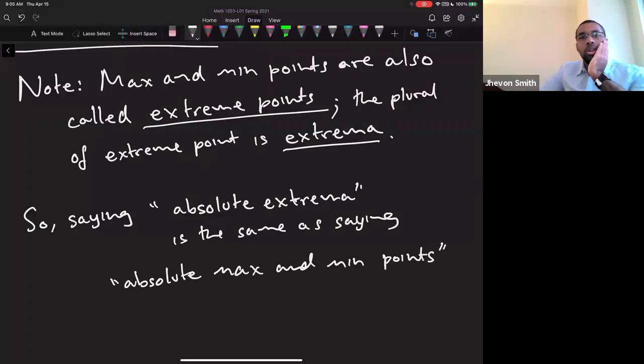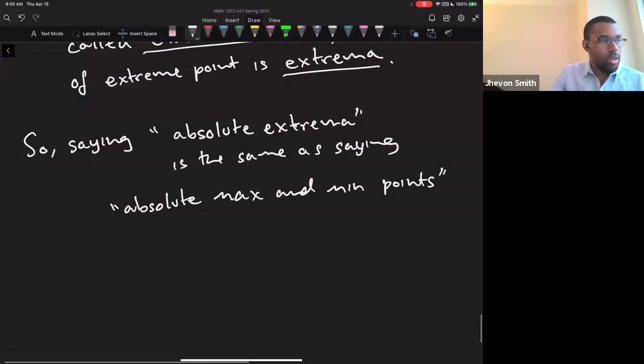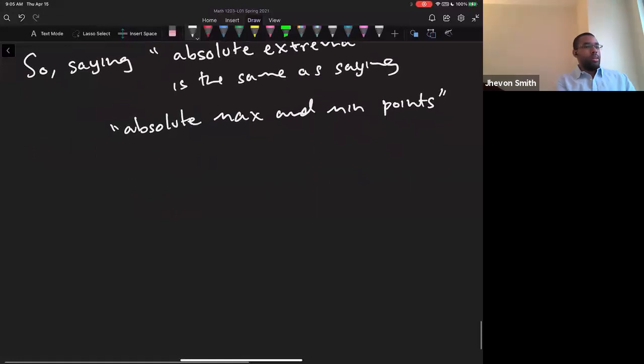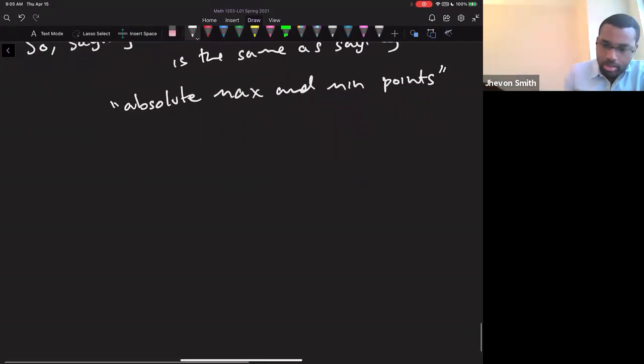So you'll see it in your homework, your textbook. They'll sometimes say, oh, find all the global extrema. And you're like, what is that? They're just talking about find all the global maximum and minimum points. Extrema is another phrase that we use. That is the terminology. Now let's actually illustrate.